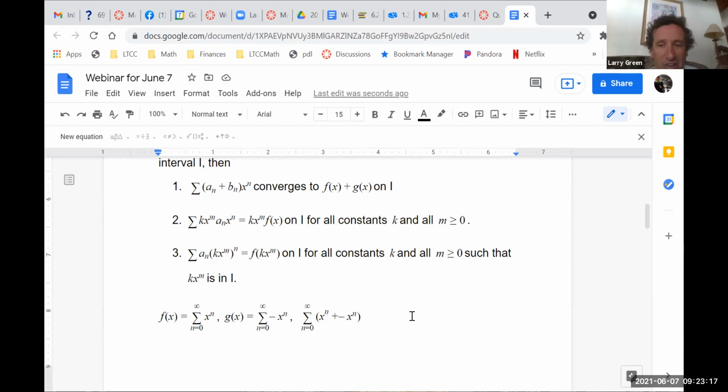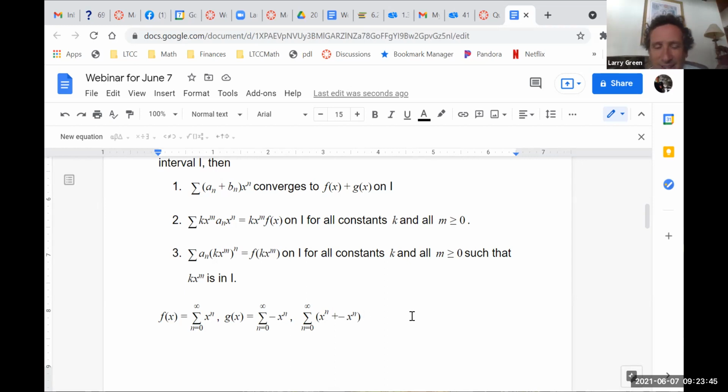Or where does it converge, I think might be the better way of saying it. Any ideas?